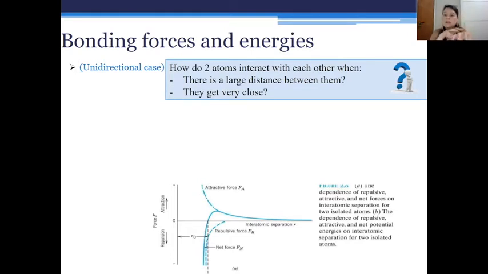The electron of one atom will be attracted by the positive charge of the nucleus of the other atom, depending on the kind of sharing of electrons that they can have, depending on all the criteria that we saw before. So their electronic clouds will begin to interpenetrate.